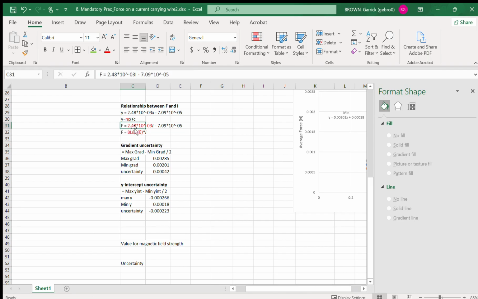So our force, I'm sorry that this is all in scientific notation, it's pretty ugly, but this is the best I've got on Excel.